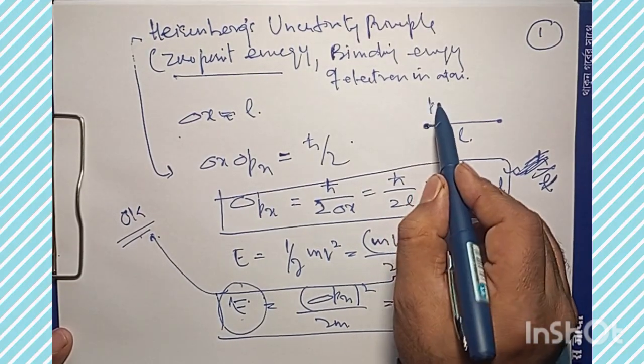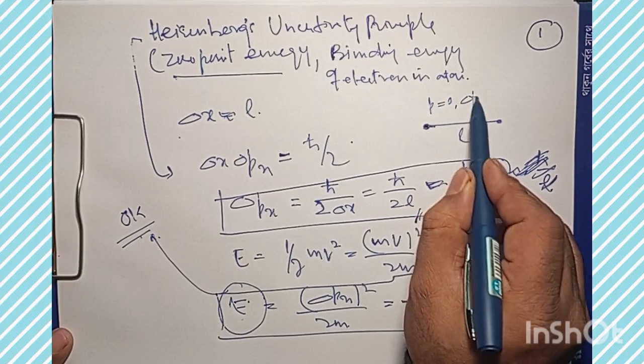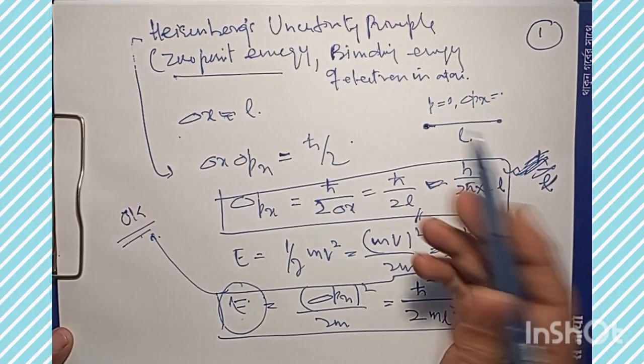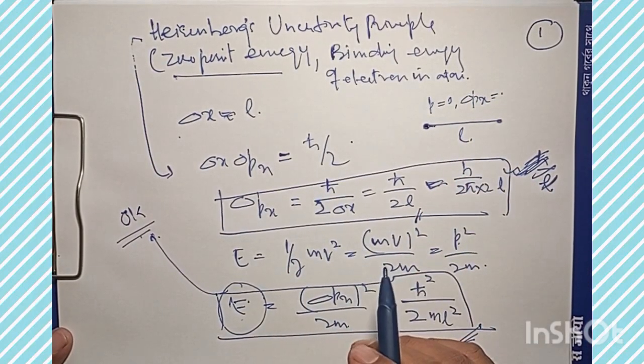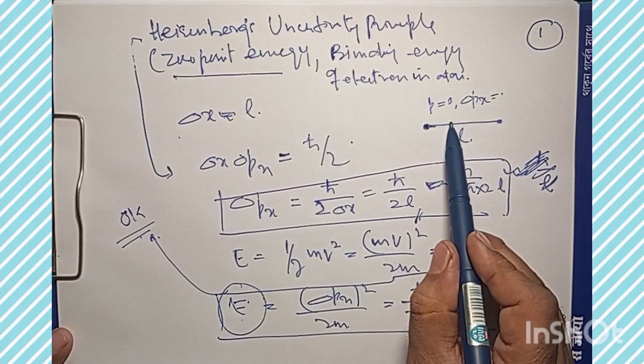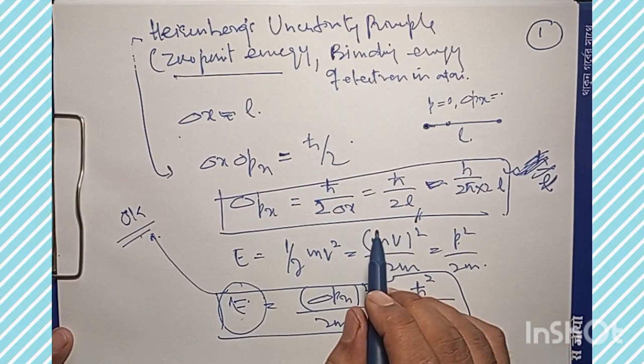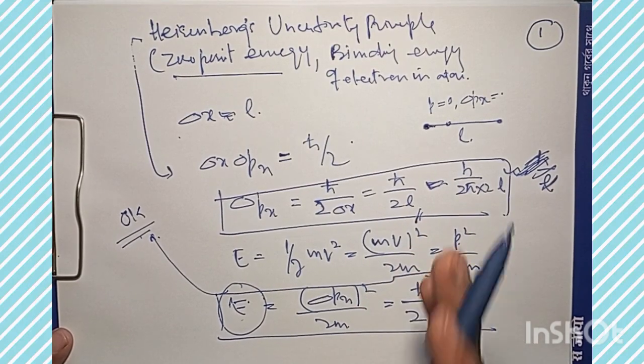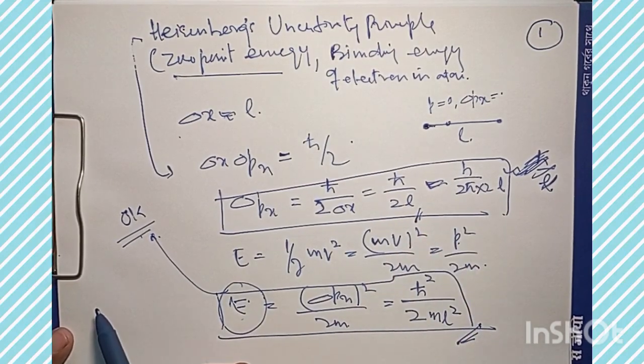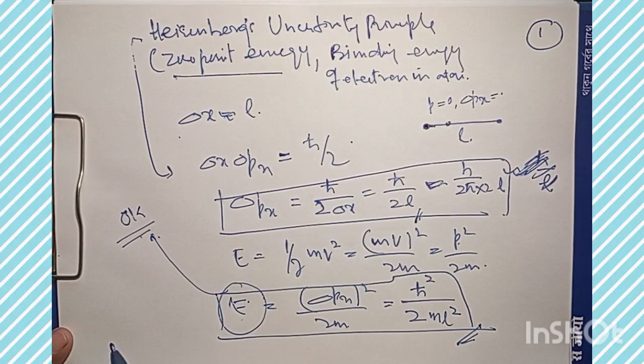So its p should be zero, then its delta px should be zero, which is not possible. Such a motion that this particle possesses, we call zero point motion. So we have this zero point motion at absolute zero where the particle has kinetic energy, and that minimum value can be calculated by this equation.